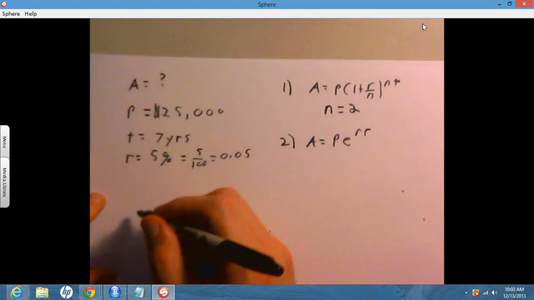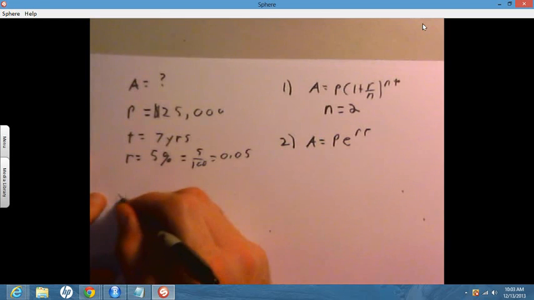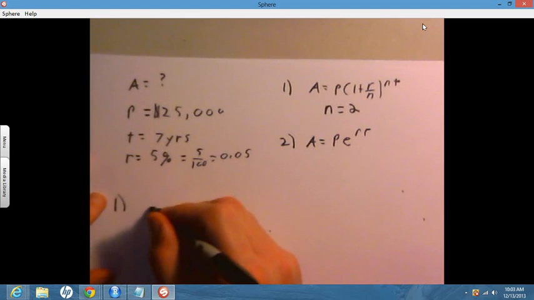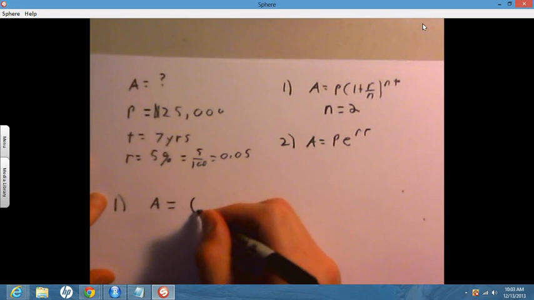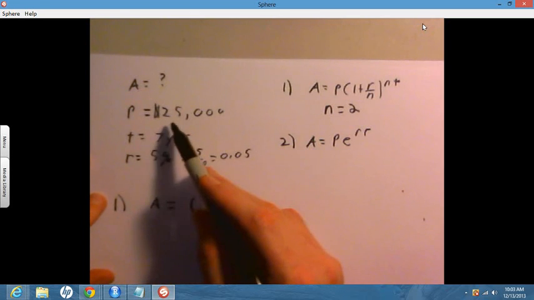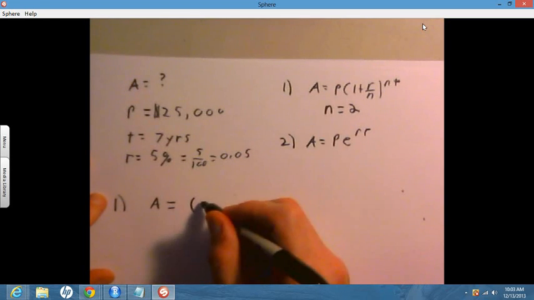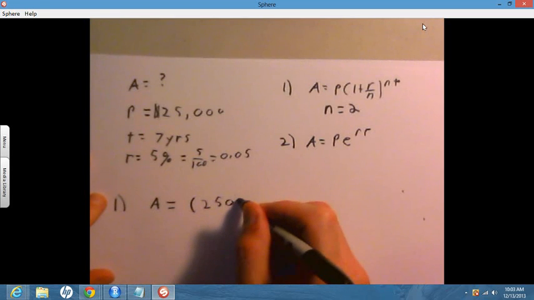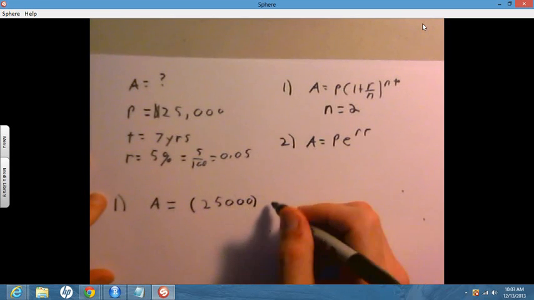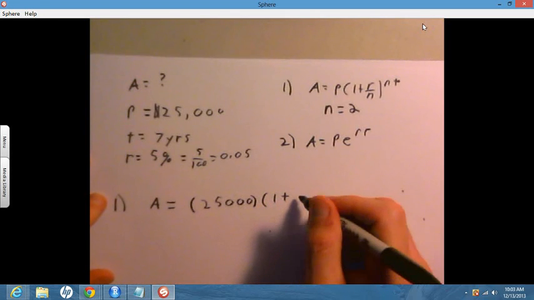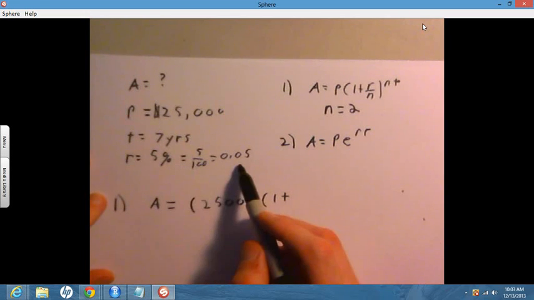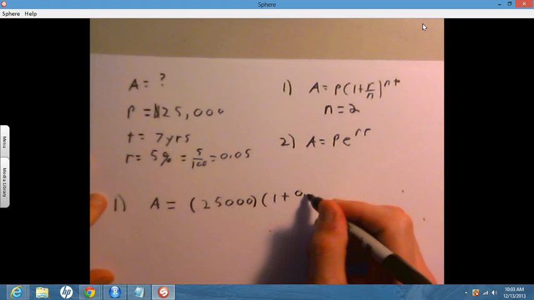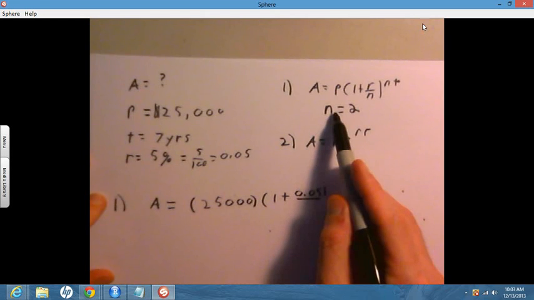So for case 1, we're going to have the accumulated value after 7 years is equal to the principal investment, which is 25,000 P, right? Times 1 plus the interest rate R, which is going to be 0.05, divided by N, which is equal to 2.